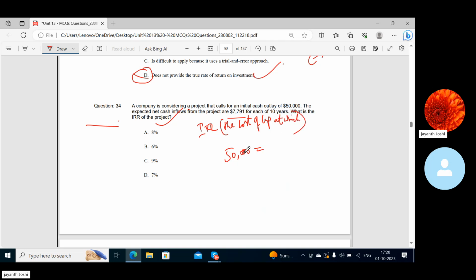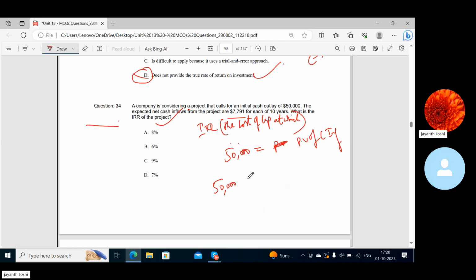The initial investment is equal to present value of cash inflows, right? So the present value of cash outflow should be equal to present value of cash inflows.